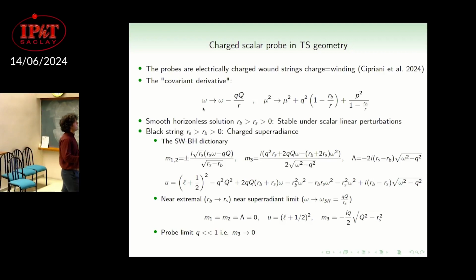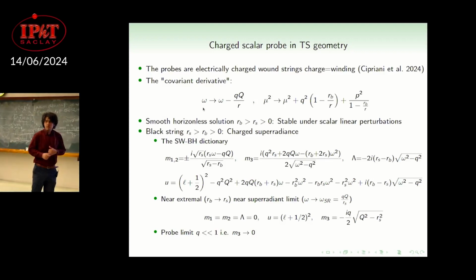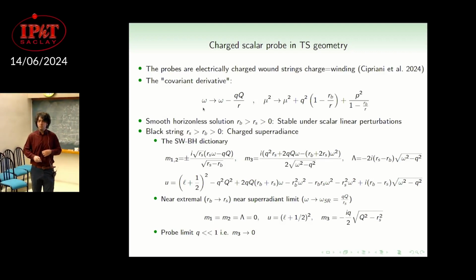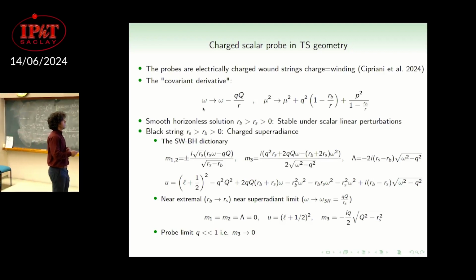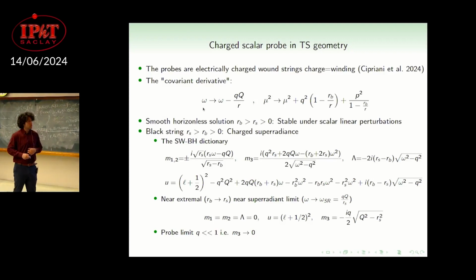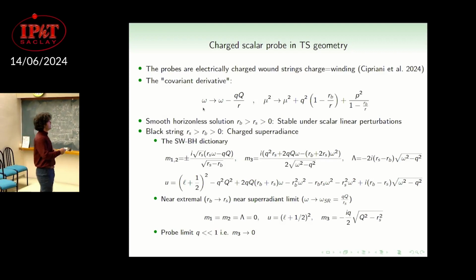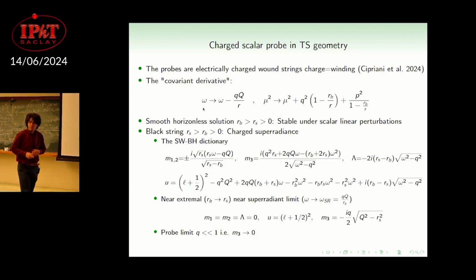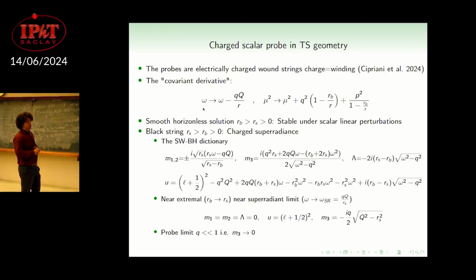Okay, and actually there is not a definition of how strings minimally couple to gravity. So this is our naive proposal of coupling. This is the way that we use to couple this stringy probe to the topological star background.